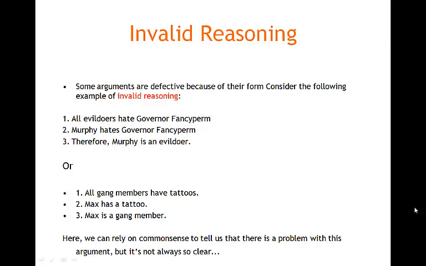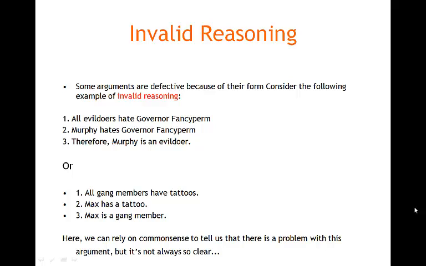So there are some obvious cases of invalid reasoning. We've discussed many of them already in the course so far. Let's look at two cases. Let's look at the first one. All evildoers hate Governor Fancy Perm. Murphy hates Governor Fancy Perm. Therefore, Murphy is an evildoer.